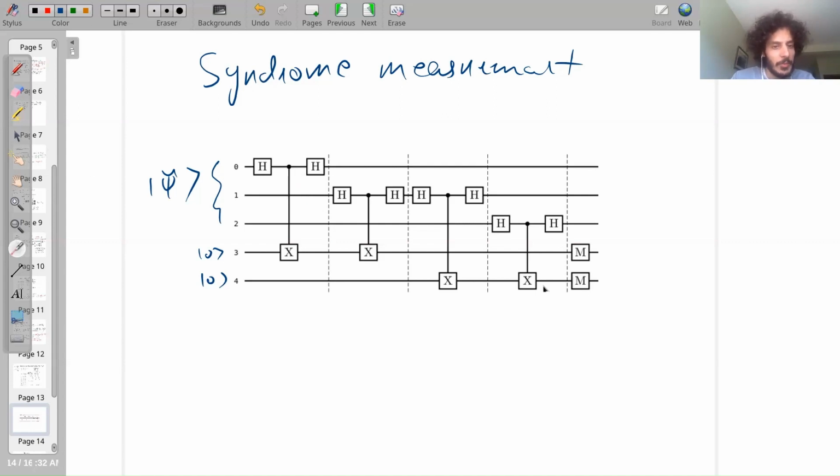But what we'll do is, suppose this is a plus, the Hadamard will convert it back into a 0. Then we will do this sort of addition, and then we convert it back to a plus. Same with minus. If a minus comes in, it will convert into a 1, which will trigger this X gate, and then we'll convert it back to a minus.